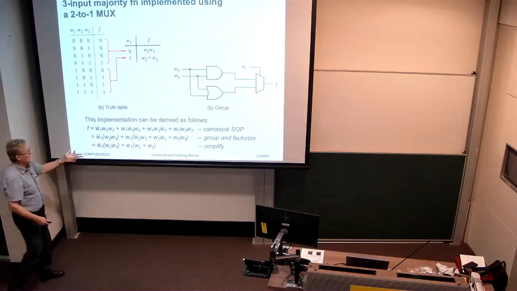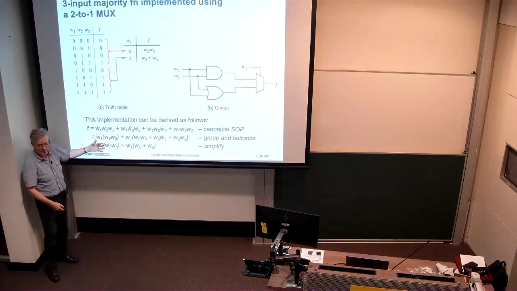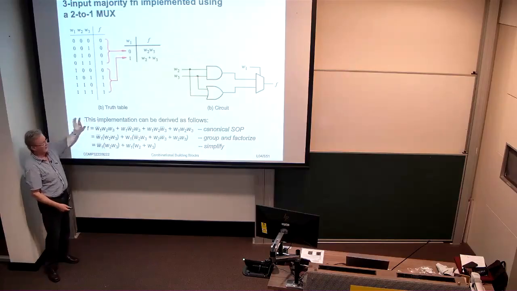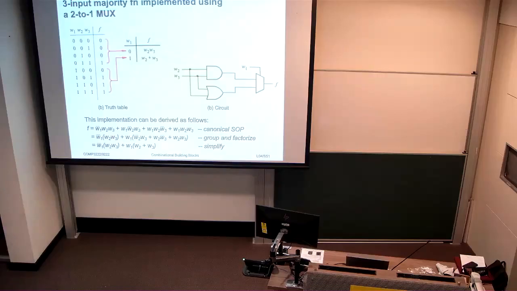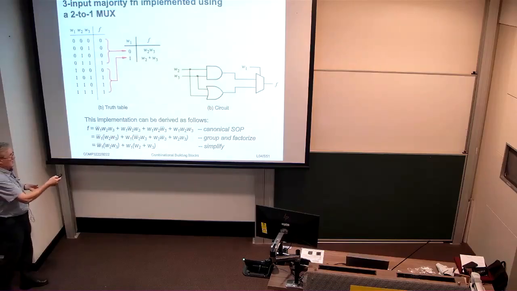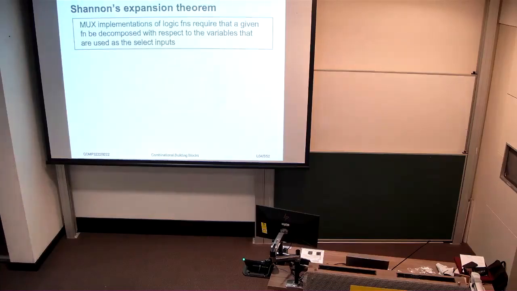So what we're going to do is formalize this derivation somewhat so that we can see always, without doing some sort of mental gymnastics as to how the truth table might be simplified to arrive at a nice simple implementation. In order to do that, we make use of Shannon's expansion theorem. And essentially that says that mux implementations of logic functions require that a given function be decomposed with respect to that variable that's going to be used as the select input.